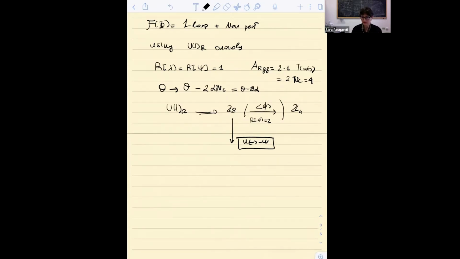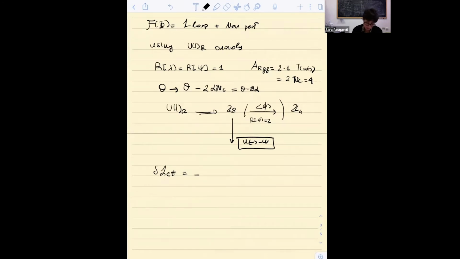If there is such an anomaly producing the shift of the theta angle, I can track down where this shift comes from. It means basically that the effective action will vary, as a consequence of the U(1)_R rotation, by something proportional to the coefficient of the theta angle.